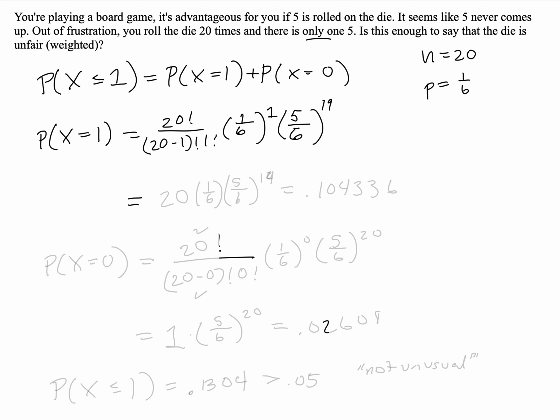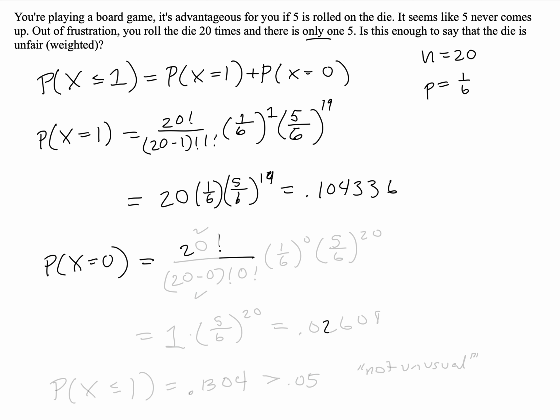And if we simplify that, 20 factorial divided by 19 factorial just leaves us with 20. And in general, n choose 1 is always n, times 1/6 times 5/6 to the 19th power. And if we multiply that out, that gives us 0.1043336.